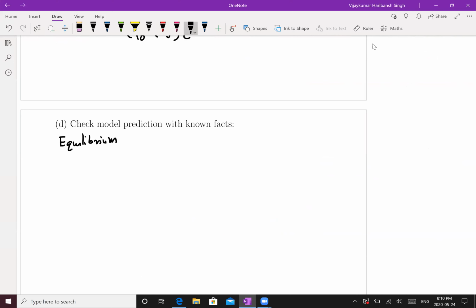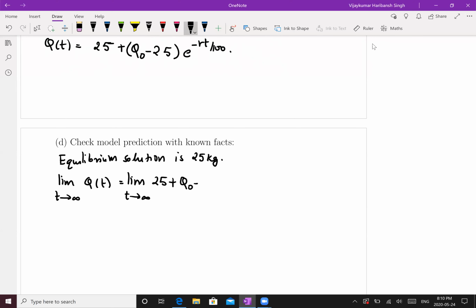Note that we have already found out that the equilibrium solution is 25 kilograms. To realize that, take the limit as t goes to infinity of Q of T, which is the limit as t goes to infinity of 25 plus Q naught minus 25 e to the power minus RT over 100.